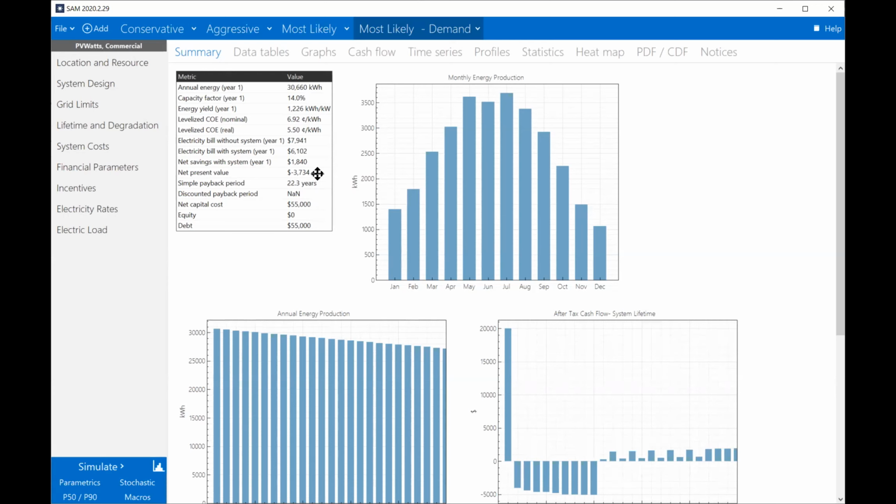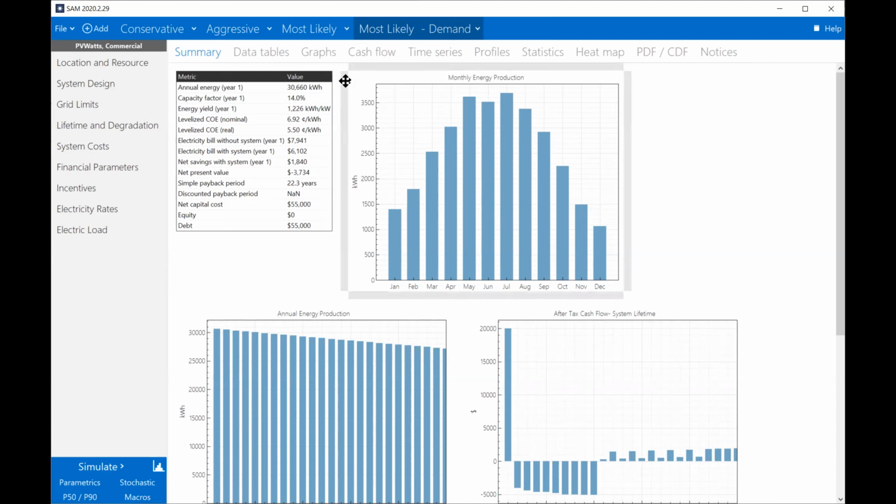Because that way, SAM has the ability to use the weather data and see, okay, when do we expect this system is going to be producing? And then they can overlay that with your sub-interval demand data and say, okay, well, this is when we know the facility is using energy. Is there an offset taking place or not?